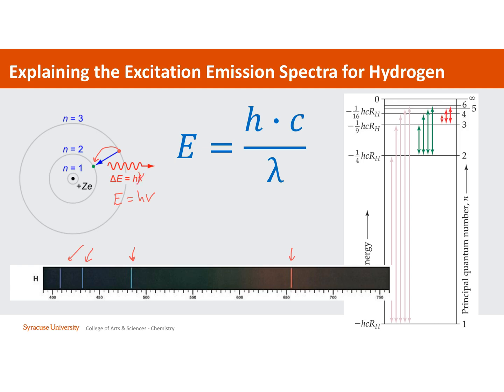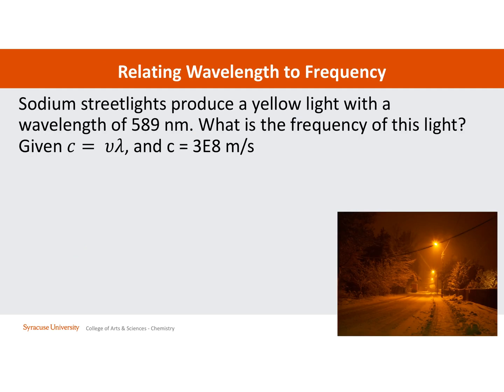For some reason in this diagram they put frequency as an F when we really know frequency as nu. So in the emission spectra for hydrogen, these distinct colors represent distinct, specific, quantized transitions within the hydrogen atom, and we can calculate the change in energy required for each of those transitions.